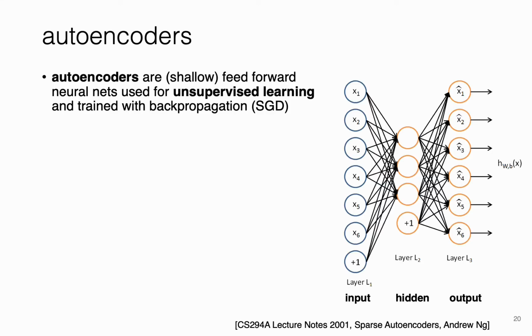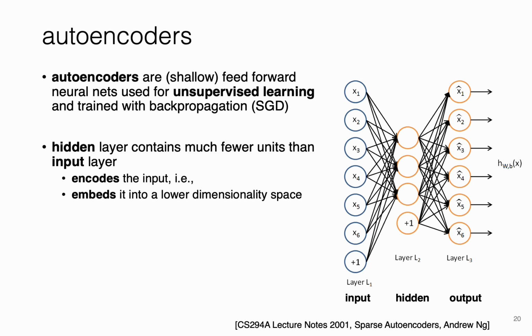A popular technique to predict ratings is based on simple autoencoders. They are shallow, feed-forward neural networks that are trained with backpropagation and are used for unsupervised learning. In the simplest case, they have a single hidden layer, an input and an output layer.